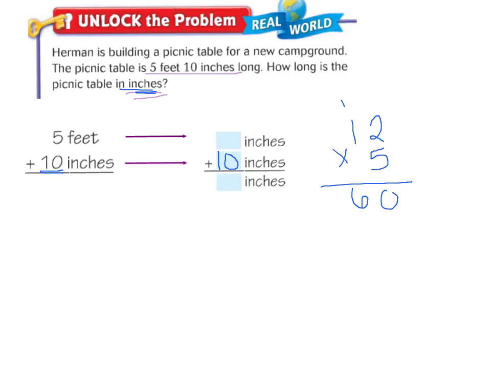So there are 60 inches in 5 feet. Well, now I can just bring my 60 inches over. So now I have 60 inches, which was the 5 feet, and now I have 10 inches. So I can add those together. 60 plus 10, well, I know that that is 70 inches. So the table is 70 inches long.